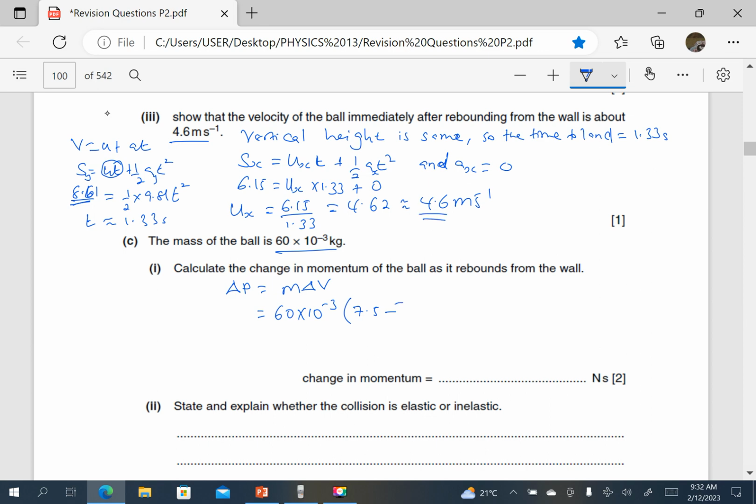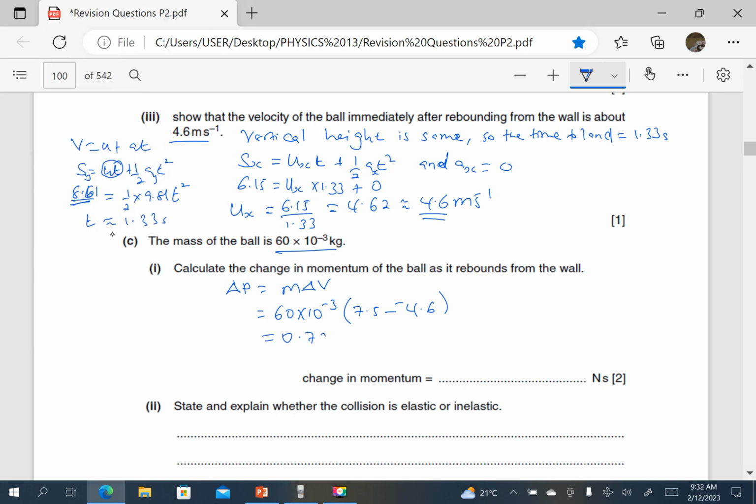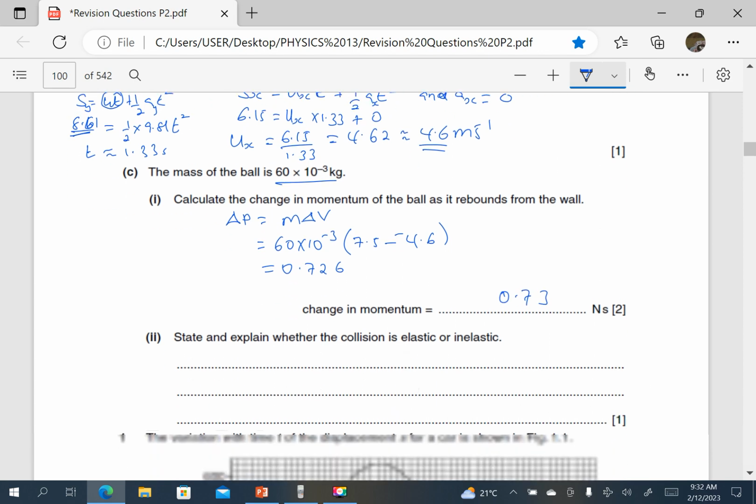It rebounds with a horizontal velocity of 4.6, so we add. The change in momentum is 7.5 plus 4.6 times the mass, 60 times 10 power negative 3. That is 0.726, or 0.73 newton seconds.